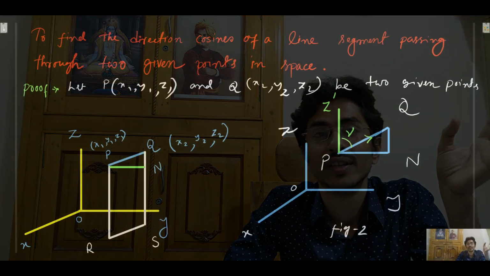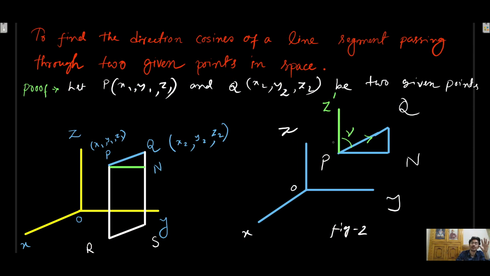So the PQ vector makes angles alpha, beta, gamma with the coordinate axes, right? So here the PQ vector makes angle gamma with the z axis. As OZ and PZ dash are parallel, this angle Z dash PQ is nothing but gamma.